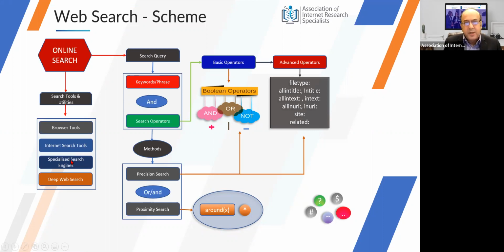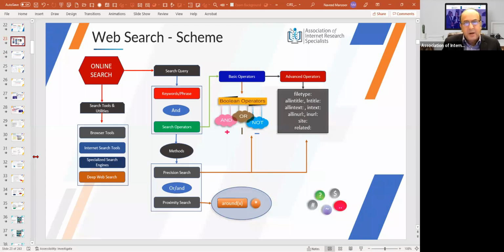Now, when we say specialized search engines, there is a list of them, which is given to you. I don't know if you were able to notice it, but it is a reference booklet. It's good, about 100 some pages. It has the different types of search engines listed in there, and they're grouped under titles.